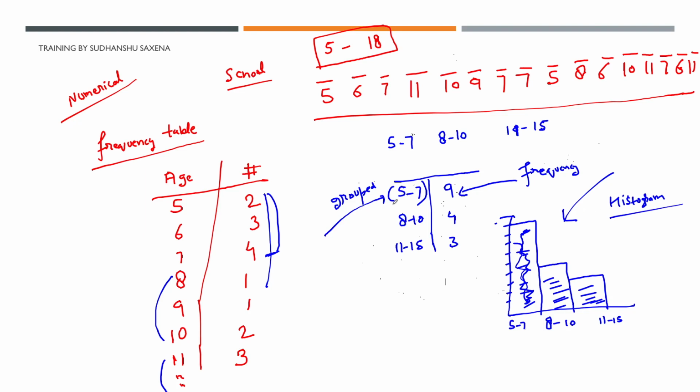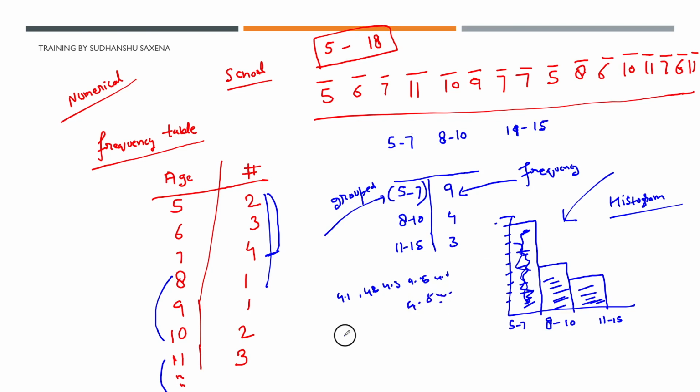Now sometimes we do not have grouped numbers. Most of the time, what happens is you have 4.1, the age of a person is 4.1, and then 4.2, and then 4.3, and 4.5, and 4.6, and then we have many people who have 4.5, 4.5, 4.5.